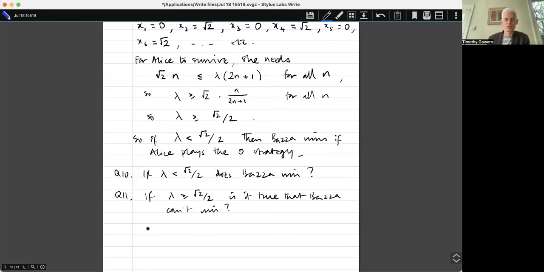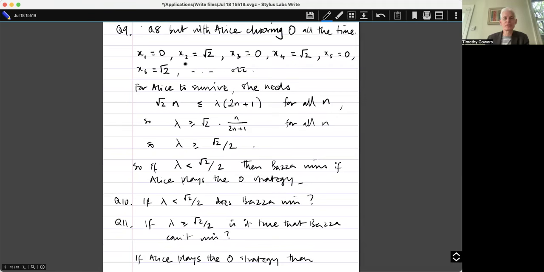So let me just quickly check question 11. If Alice plays the 0 strategy, so in other words, I think this is an if and only if. So if Alice plays the 0 strategy, then we can't actually say that, we can say that if Bazza plays a greedy strategy, then x2 will have to be root 2, x4 will have to be root 2, and so on and so forth.